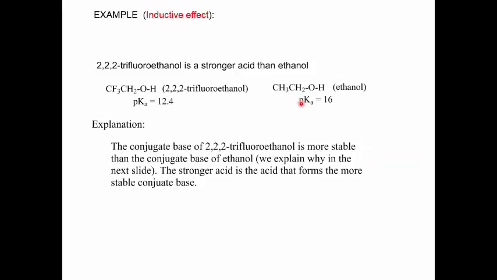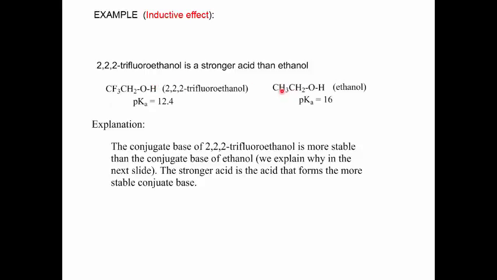All right, let's give an example of the inductive effect. Let's look at two different acids. This is called 2,2,2-trifluoroethanol. This molecule is ethanol. The 2,2,2-trifluoroethanol has 3 fluorines on this carbon.